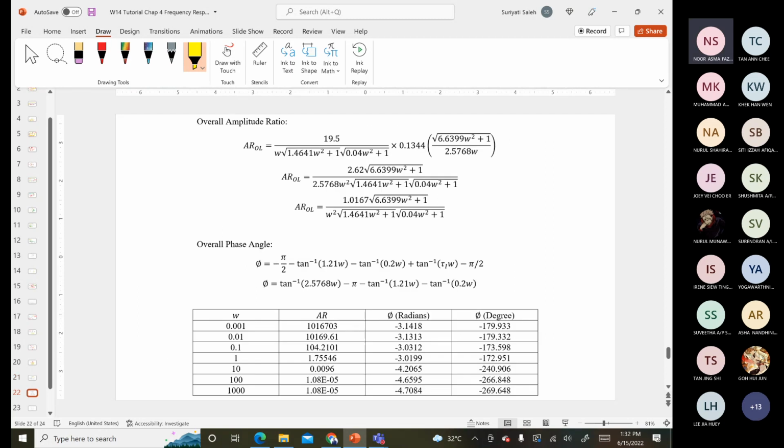For this part, this is our overall amplitude ratio and overall phase angle. You can see it's a little bit complicated, but it's normal. And this one is for the phase angle. So this amplitude ratio and phase angle represent the GP, the GV, GM, GIP, and your GC.